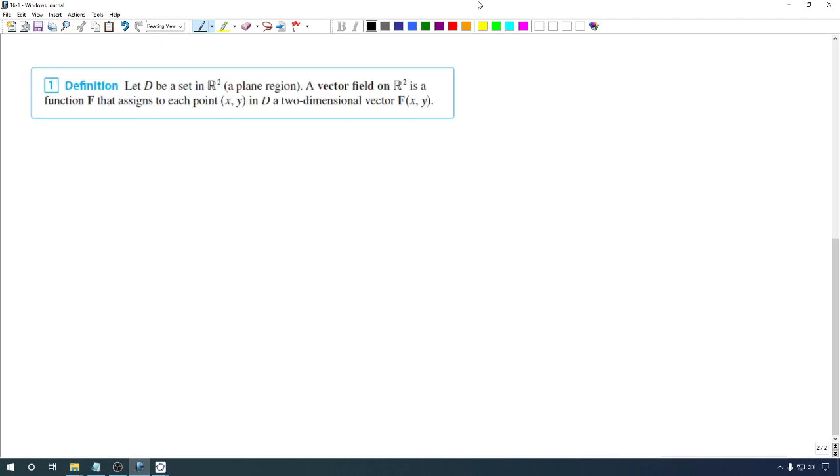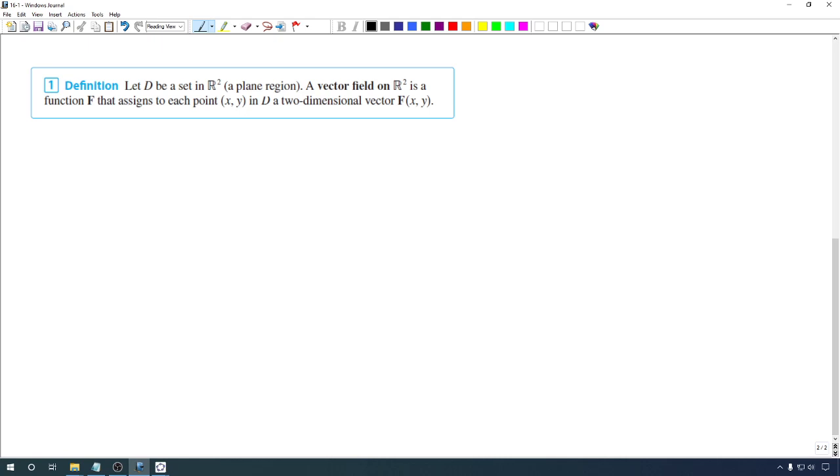So the way the book defines our vector fields, we write them out in 2 dimensions as this: a vector field on R2, meaning in 2-dimensional space, is a function. They're going to use boldface characters, usually capital Fs. Of course, in writing this down, I'm not going to be able to make it boldface as well as you might want.